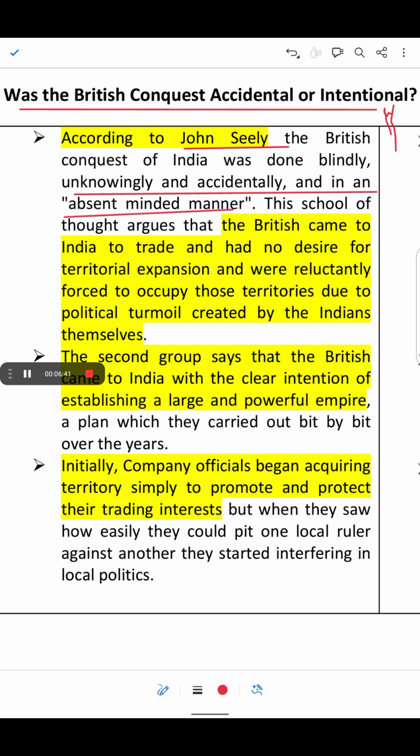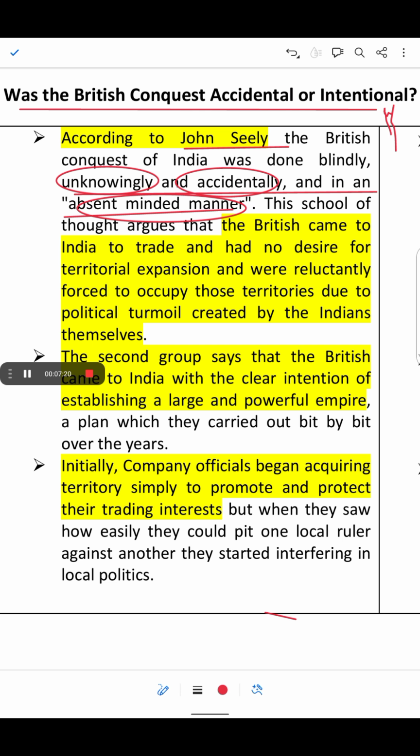This is not at all accepted by many historians, because according to the charter given by the Queen of Britain, the British East India Company could expand its territory and even occupy if required. It was mentioned in the charter. So acquiring the territories of India unknowingly, accidentally or in an absent-minded manner cannot be accepted.